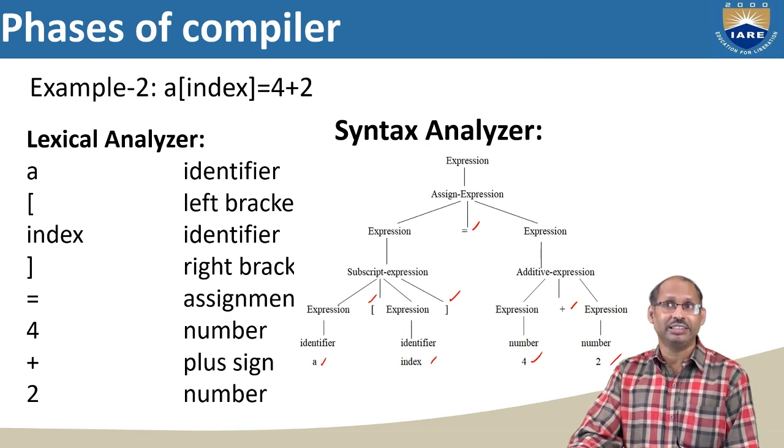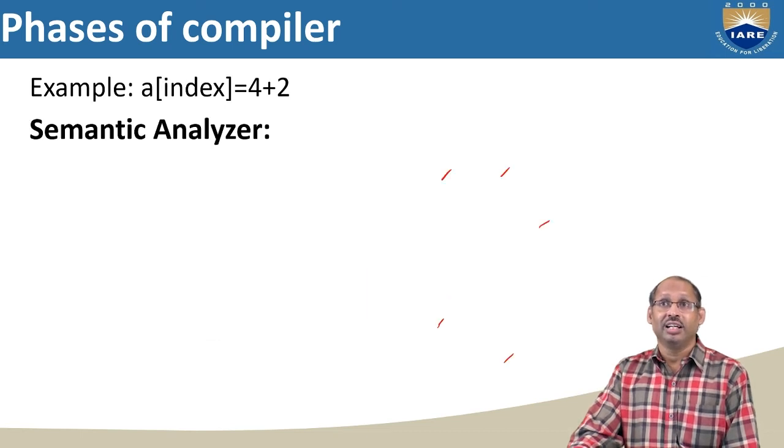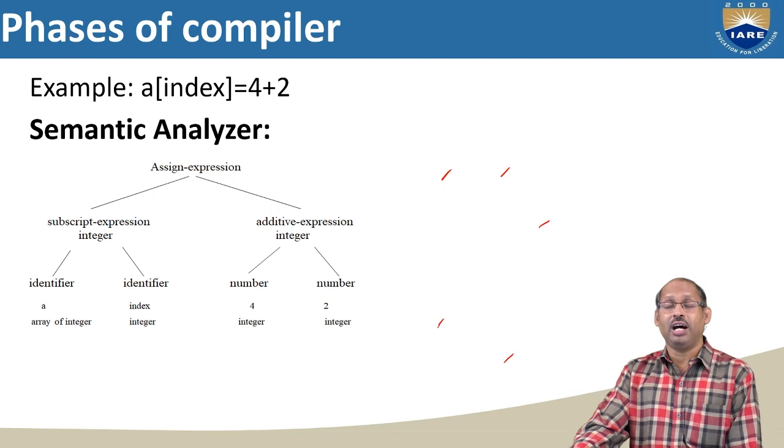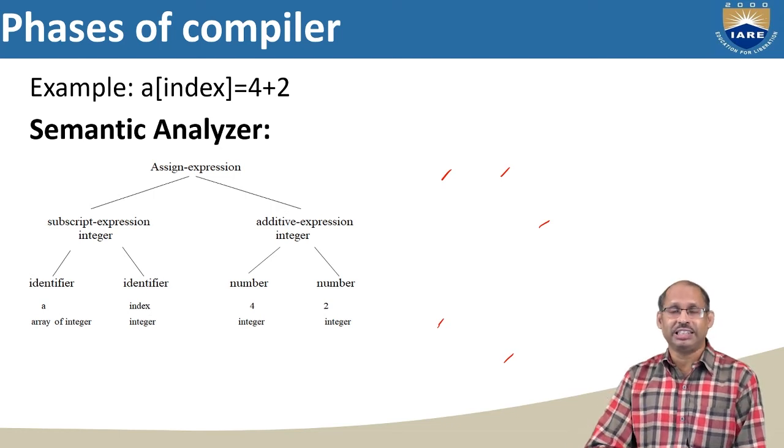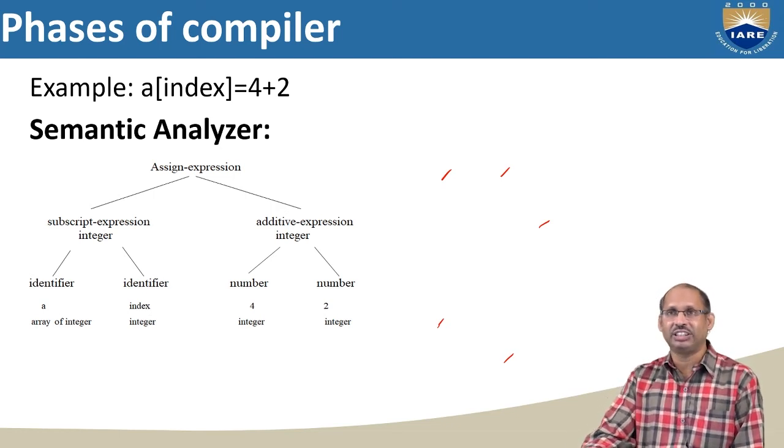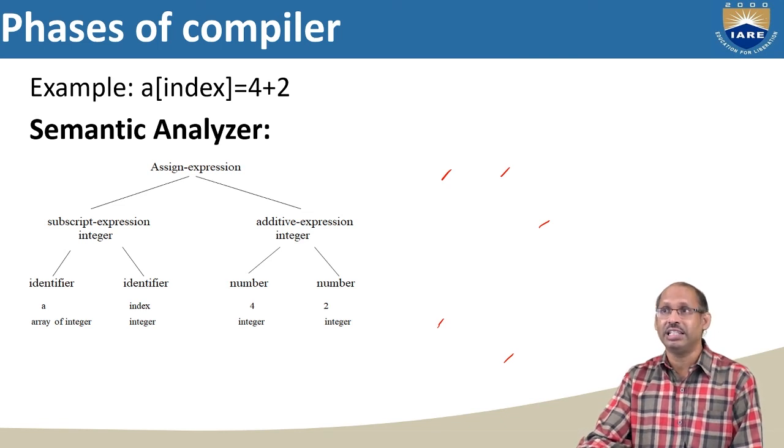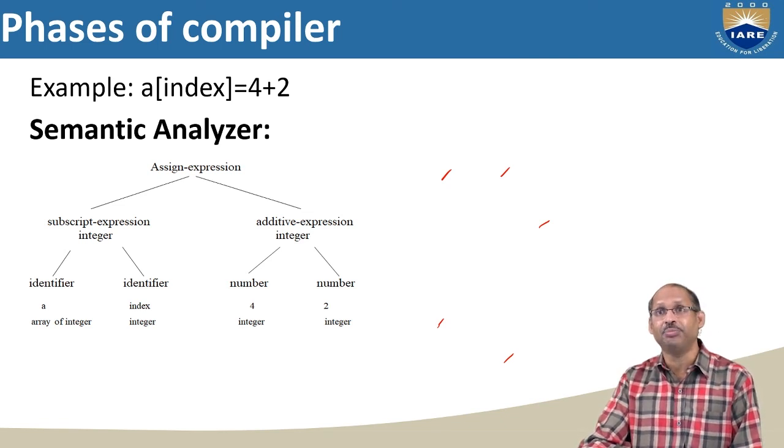The syntax analyzer will construct the syntax tree from the sequence of tokens, right? Then the output of the syntax analyzer, the syntax tree or parse tree, is verified by our semantic analyzer.